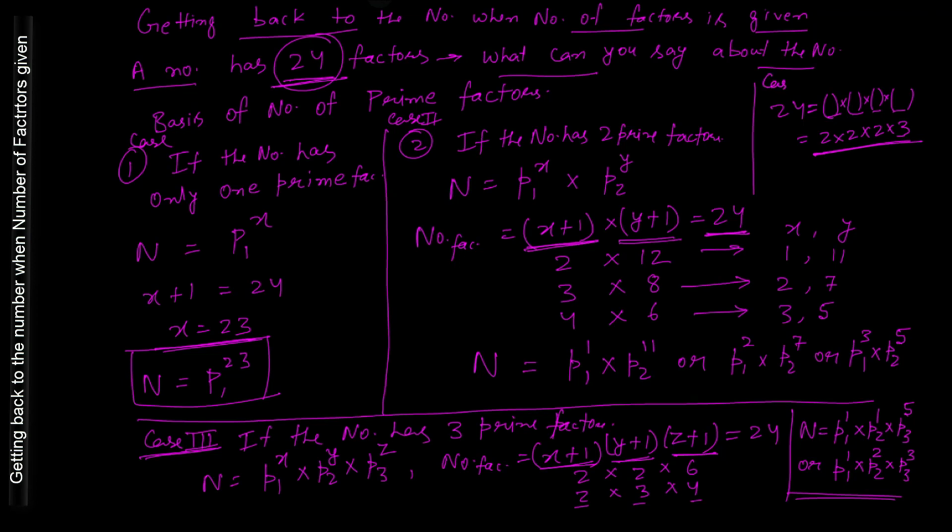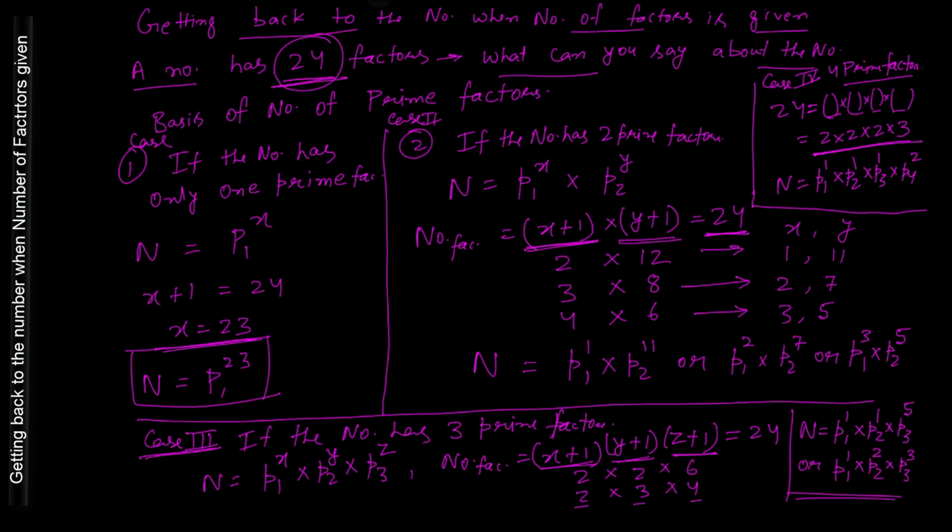So case 4 is this one where the number has 4 prime factors. And there is only one situation here. I hope you can see that. This is the only one situation. So in this case, the number will be of the form P1 to the power 1, P2 to the power 1, P3 to the power 1 and P4 to the power 2.